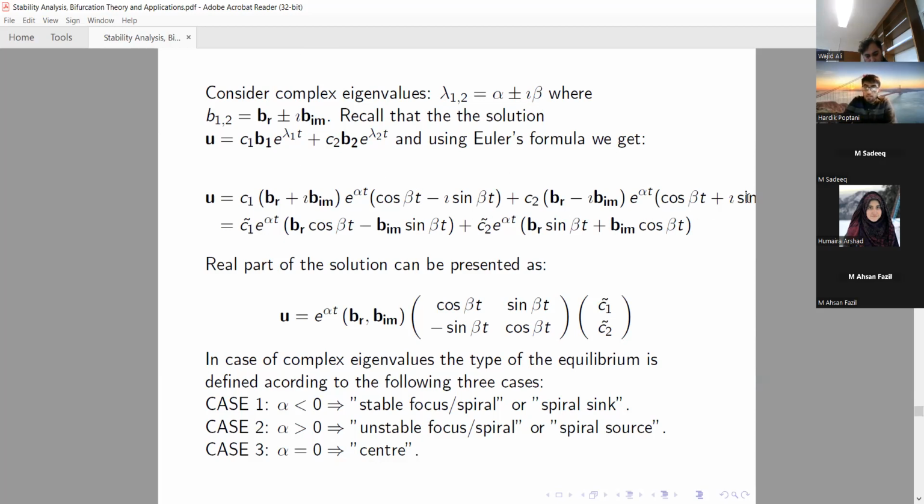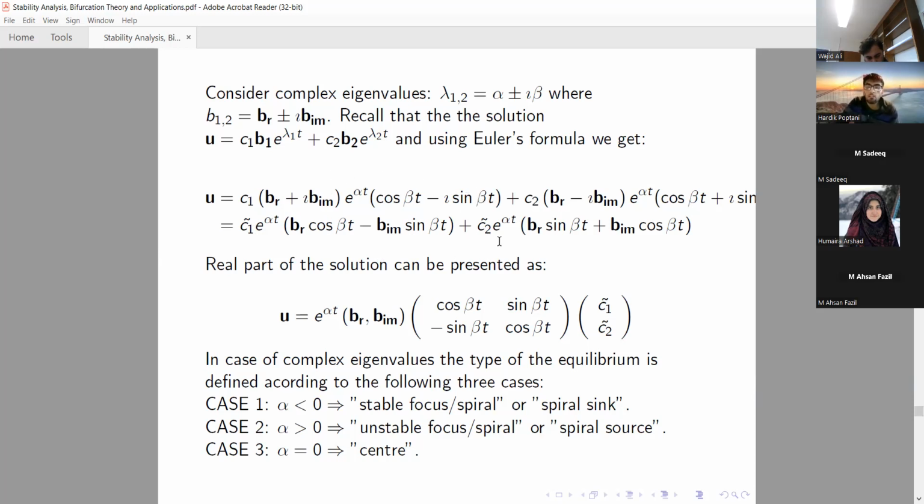Therefore, this should be plus i sine beta t. And then what we can see right here after substitution, therefore c tilde b_r cos beta t minus the sine beta t, which is of course the imaginary part times this.